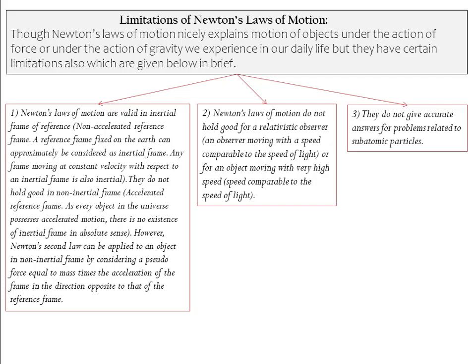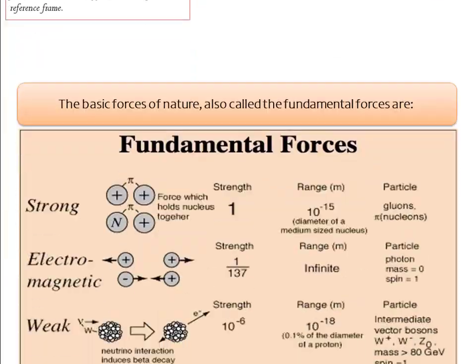Number two, they are not applicable to a relativistic observer or object, that is, an observer or object moving with speed comparable to the speed of light. And the third one is they do not give accurate answers to problems related to subatomic particles.